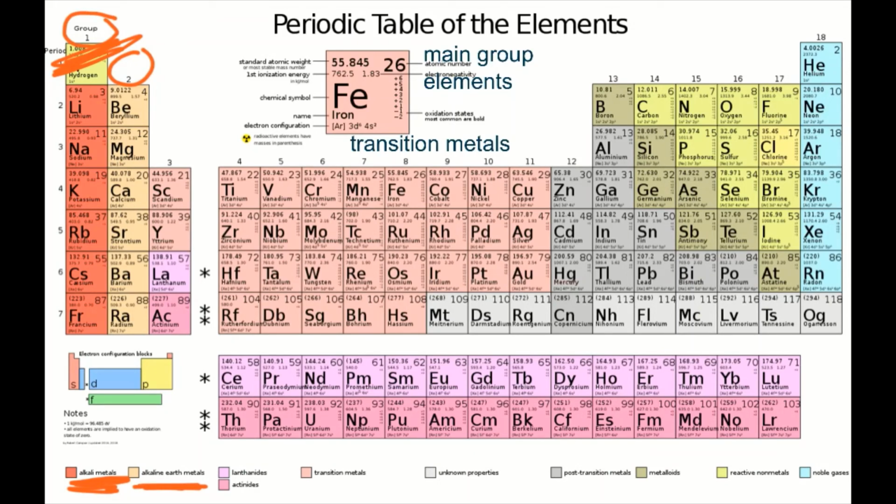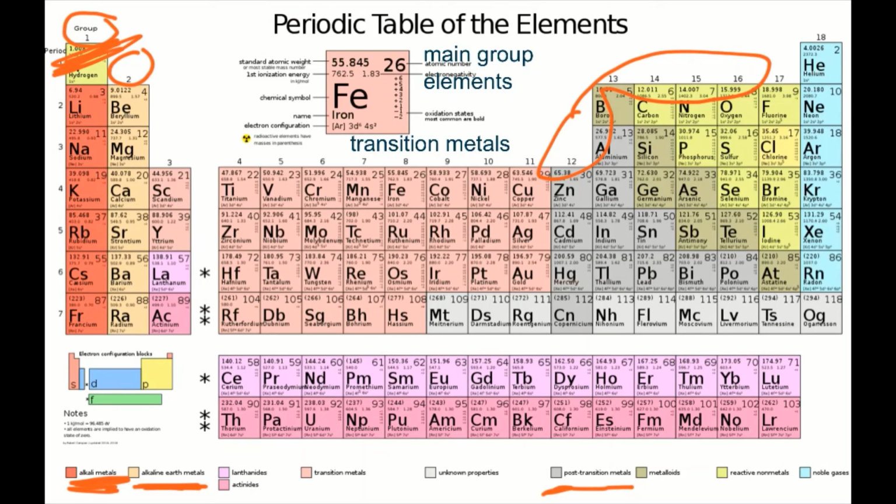Next we have the post-transition metals, which are generally located in groups 12 through 16. Since this color is gray, it just includes all of these elements. So now let's separate these groups into different names.